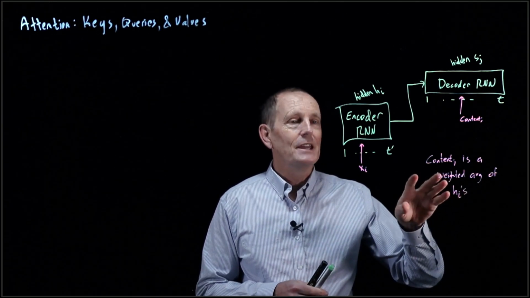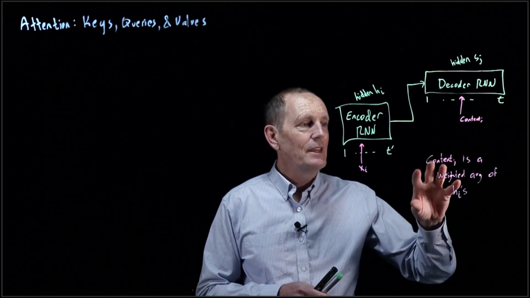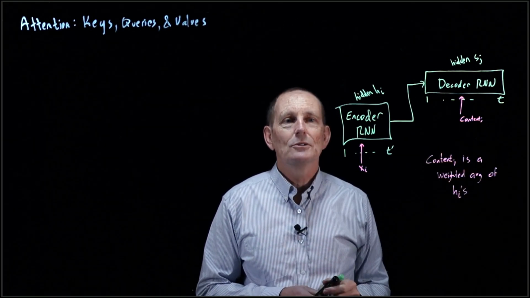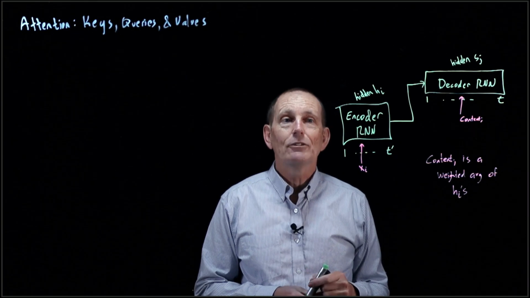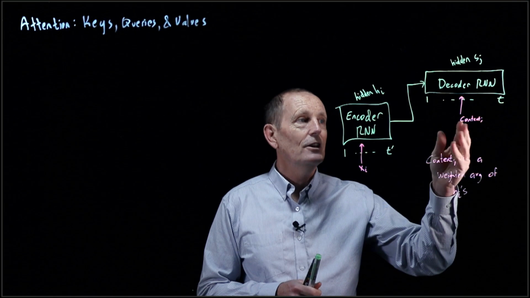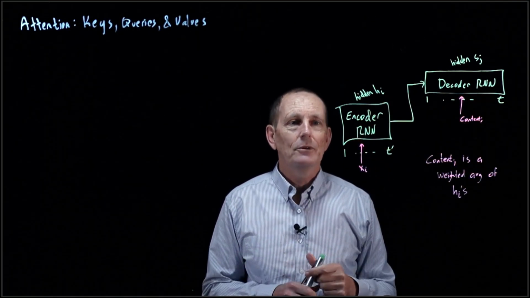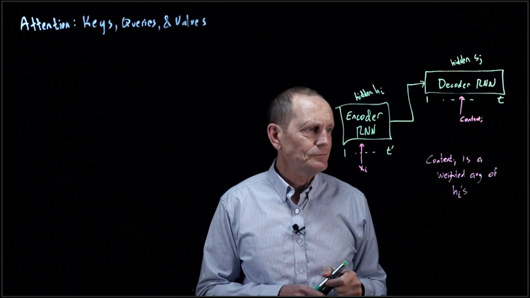Here, the nice thing is we can make small changes to our weight matrices, and that will make small changes to our contexts. Whereas if we had a hard attention, we can make a small change to a weight matrix that would all of a sudden switch us from looking at one H sub i to a different H sub i, and that would no longer be differentiable.